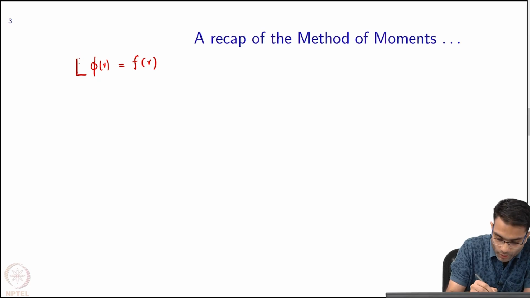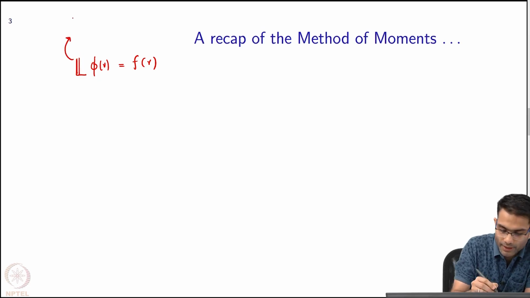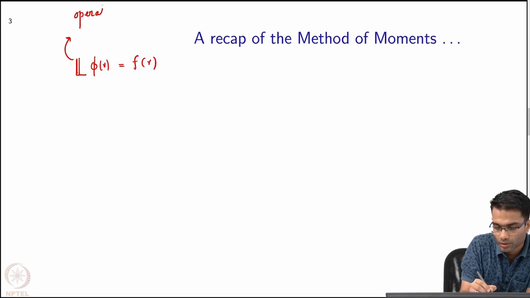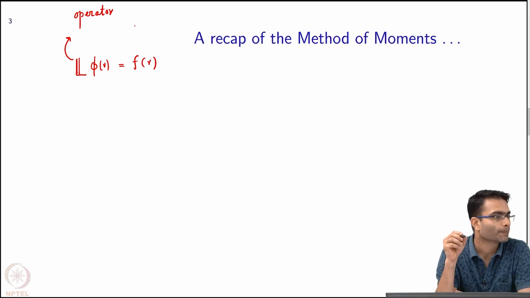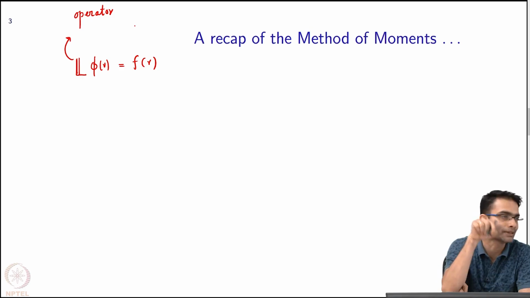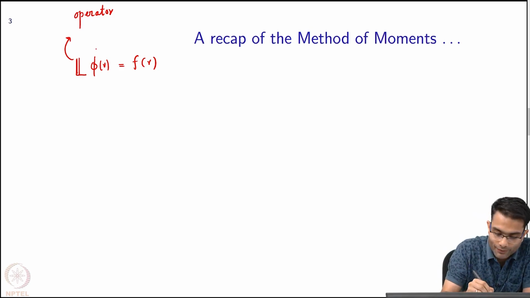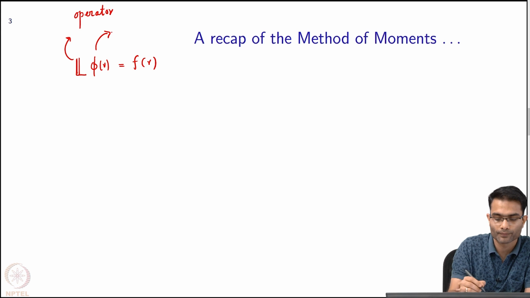So, to recap over here, L was an operator, right. So far the operators that we had seen were integral equation operators, they had an integral sign inside them. Okay. Phi of r was what?